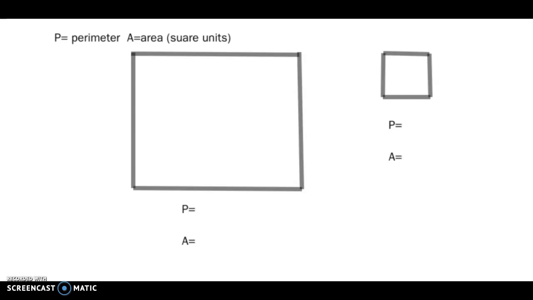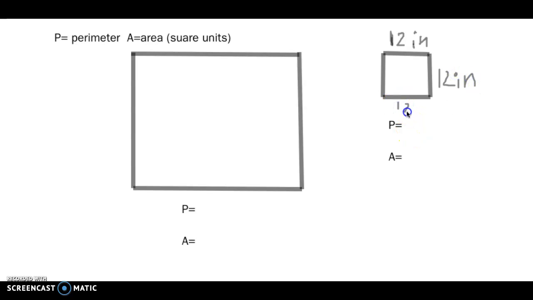What is a foot in inches? Think how many inches are in 1 foot? 12 inches. Okay, 12 inches. That means if all of the sides are 1 foot, each side is 12 inches. So all 4 sides are 12 inches.